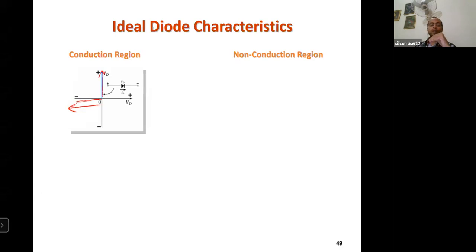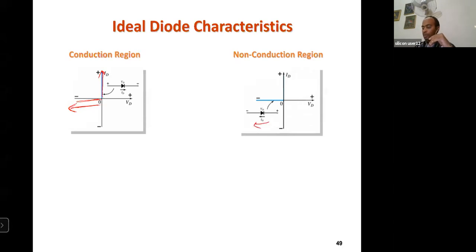And in the non-conducting region, that is when it is reverse biased, obviously we have only one current, that is the reverse saturation current. The reverse saturation current direction will be in the opposite way.